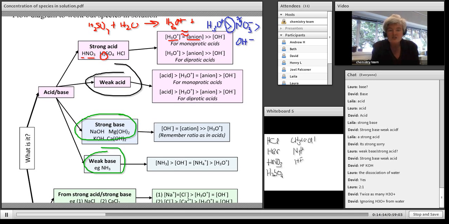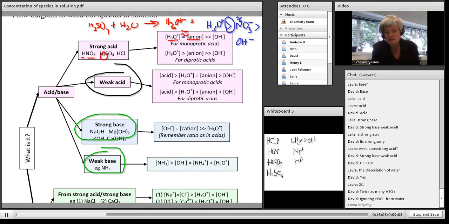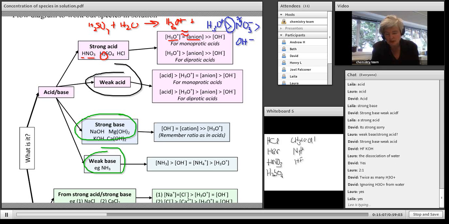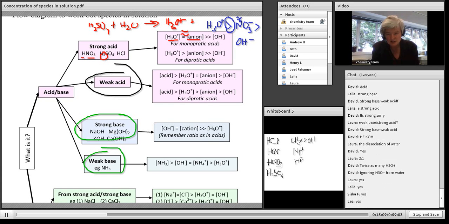Okay, so is it quite clear, in a strong acid, you've only got 3 species in solution, ignoring water, of course. Can you all see that? So it's the hydronium ion, the anion of the acid, plus a tiny bit of hydroxide from the water dissociation.